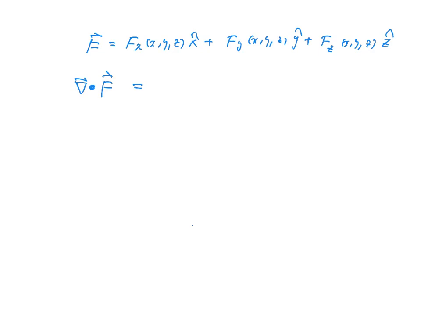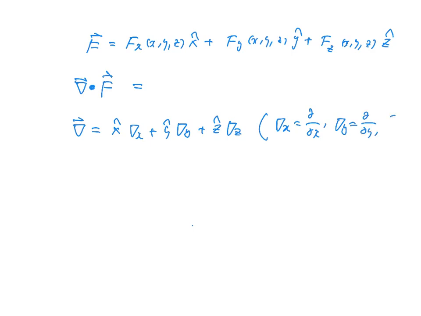So this component we can regard this way: x del x, y del y, z del z. Here del x is partial over partial x, del y is partial over partial y, del z is partial over partial z. So we can assume this is a vector component of this vector. Then this is simply del x Fx plus del y Fy plus del z Fz, right? According to the definition of the inner product we studied last week.